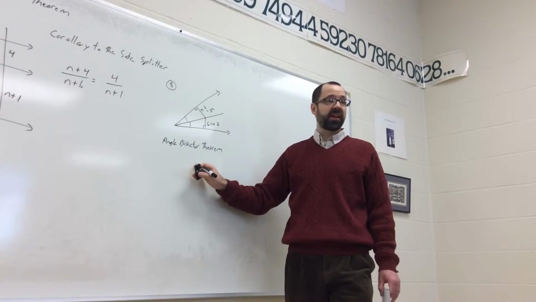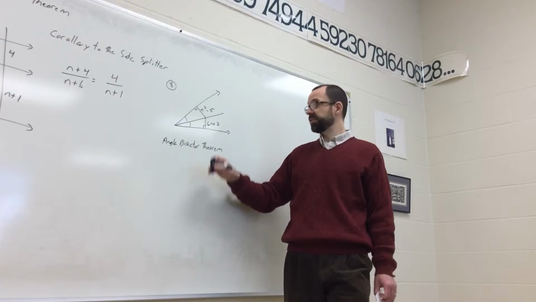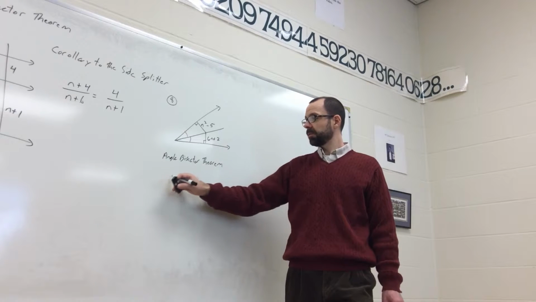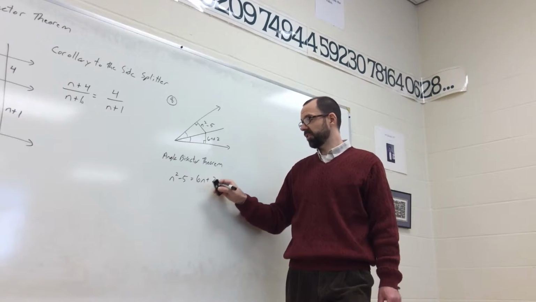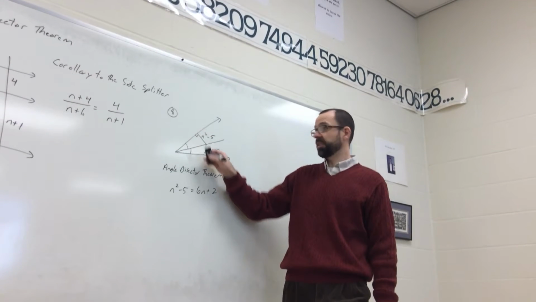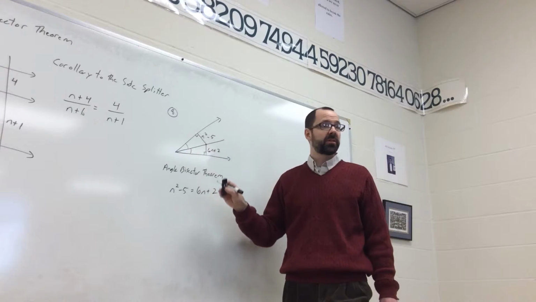So then how do you set that up? The theorem says that, yeah, go ahead, Charlie. Which is like a equals b, so n squared minus 5 equals 6n plus 2. Yeah, this time it's just equal. It's not talking about fractions. Just this distance is equal to that distance because it's a point that's on the angle bisector.